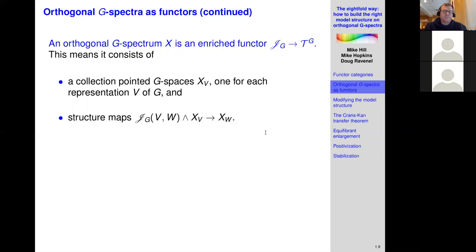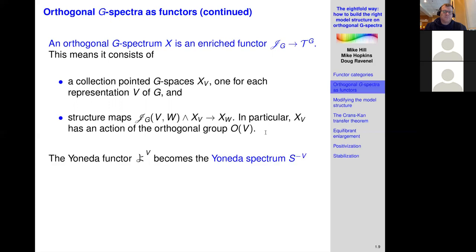You always get a structure map as indicated here. In particular, X_V comes equipped with an action of the orthogonal group O(V). That is built into this functor category.